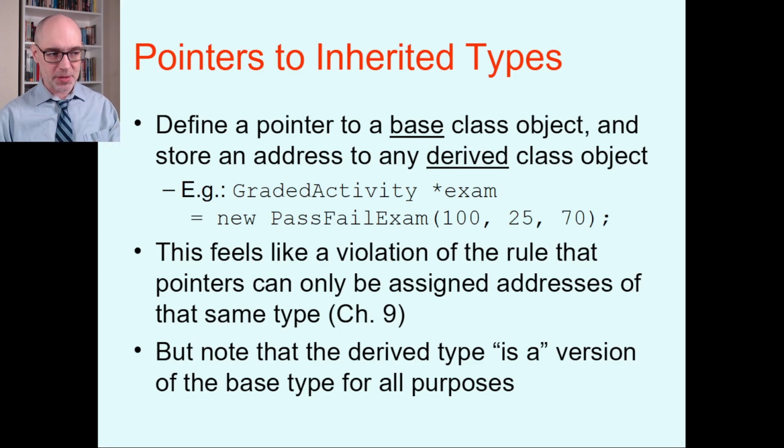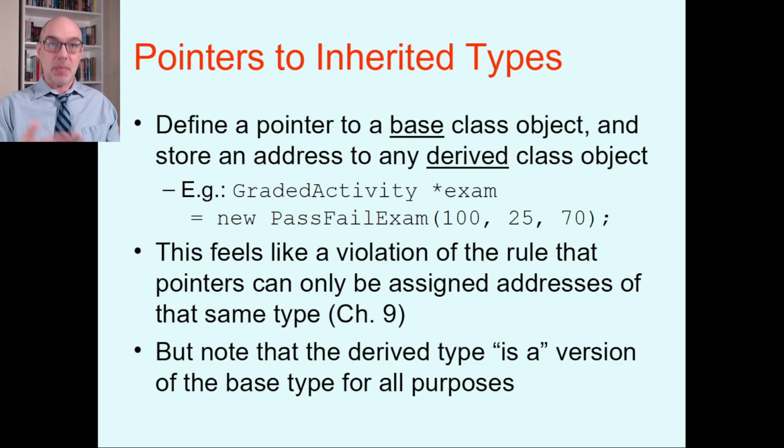But think about this. What we said in the last video is that what inheritance gives us is that the child class is a version of the parent class. The child class actually is one of the types of the parent class. So in this example, if I were to ask whether a pass-fail exam is a graded activity, well, the answer is yes.